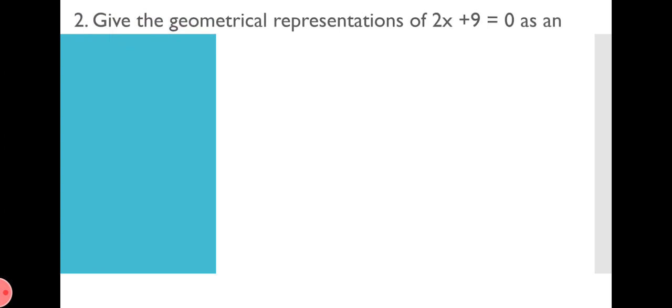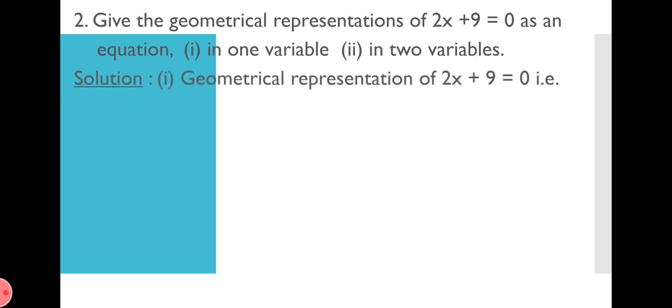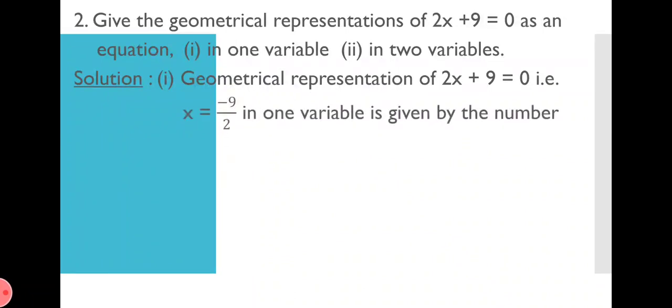Next, question number 2. Give the geometrical representation of 2x plus 9 equal to 0 as an equation in one variable and in two variables. Here also we will follow a similar way. So for the solution of number 1, the geometrical representation of 2x plus 9 equal to 0, that is x equal to minus 9 upon 2.